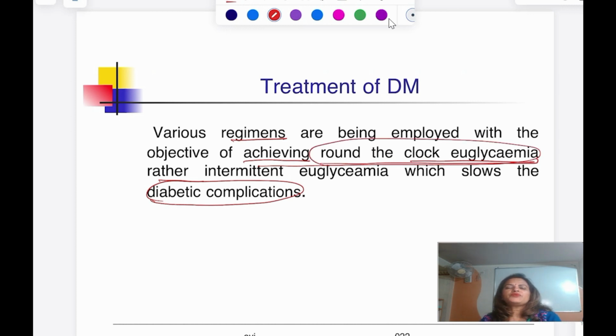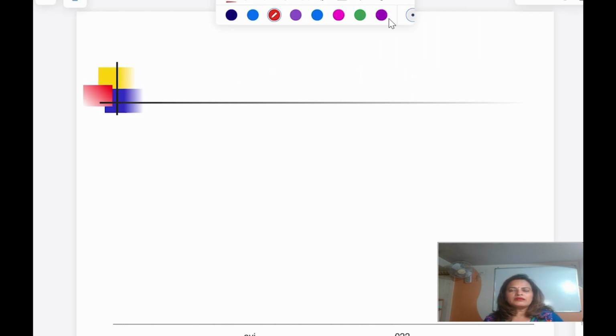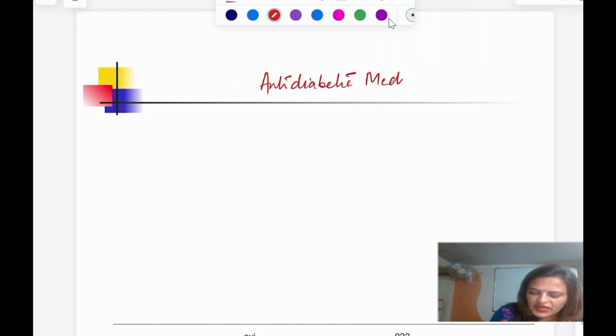Now what drugs do we have? Anti-diabetic medication: how are we going to classify it? Depending upon its mechanism of action, we classify it.